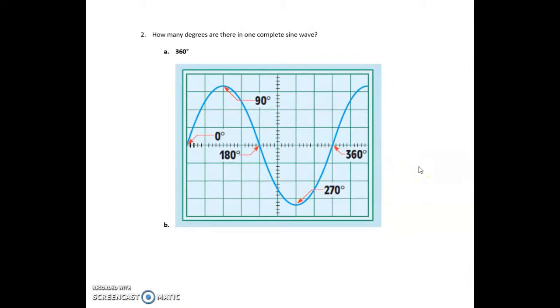Number 2, how many degrees are there in one complete sine wave? It's 360, and we see the values on this picture here. The x-axis is measured in time. We have 0, 90, 180, 270, and 360.